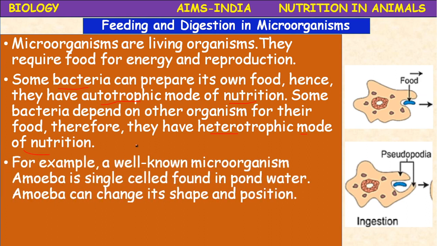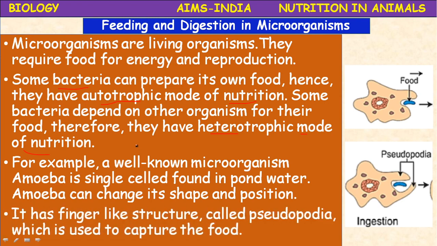Next, for example, a well-known microorganism, a single-celled organism, amoeba. Amoeba is a single-celled organism found in pond water, fresh water. The amoeba can change its shape and position also.